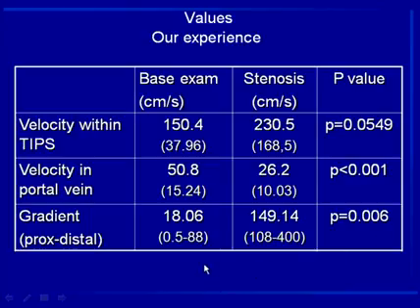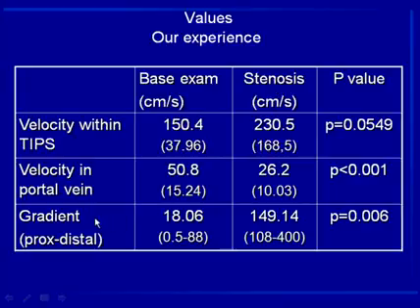In our experience, we use a velocity inside the TIPS of 230 centimeters per second for stenosis. The velocity in the main portal vein is normal, around 51 centimeters per second, and less than 26 centimeters per second is the sign of stenosis.